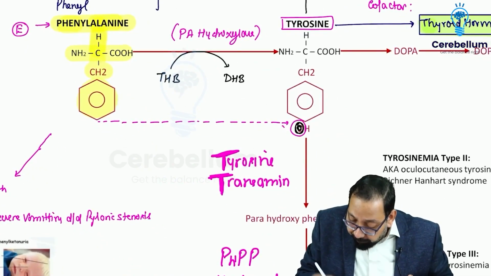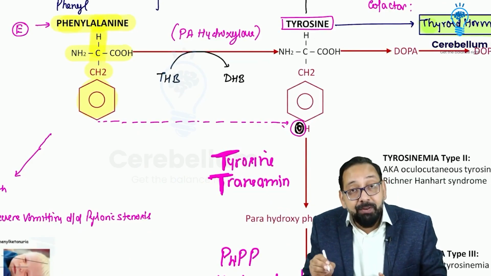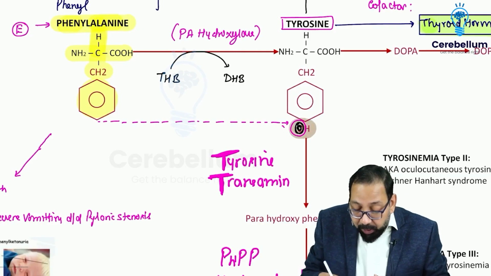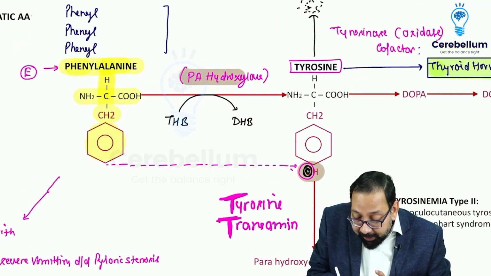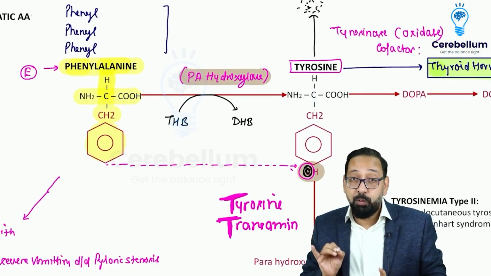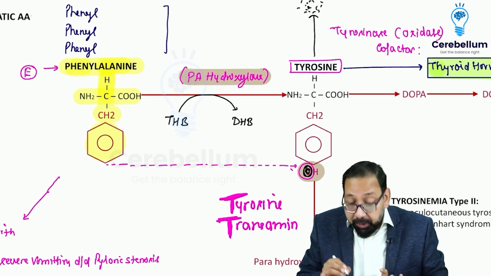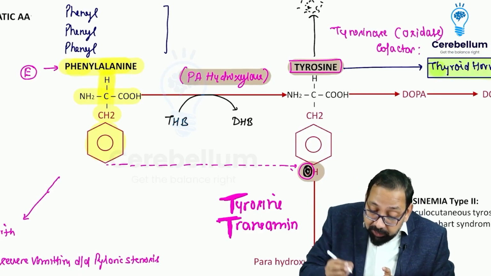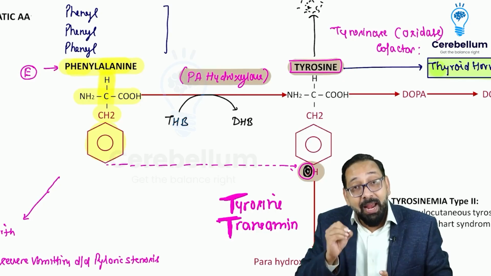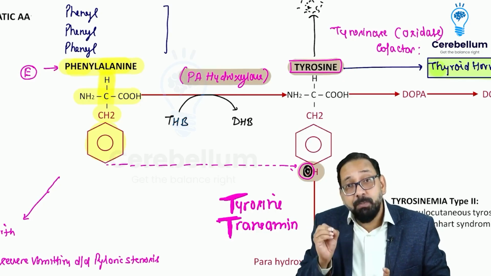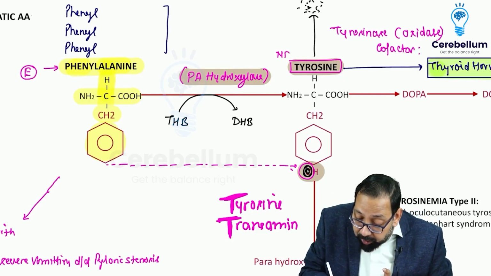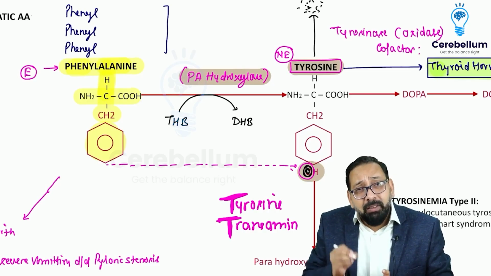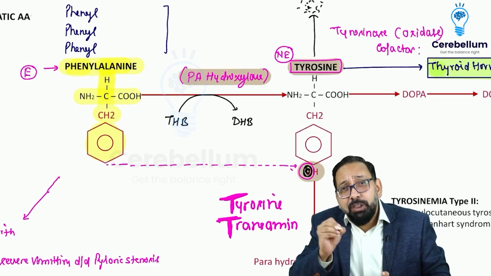The only difference between tyrosine and phenylalanine is this OH group, which is attached by phenylalanine hydroxylase. So tyrosine is synthesized in our body, and any amino acid which is synthesized in our body is non-essential. So tyrosine is a non-essential amino acid.